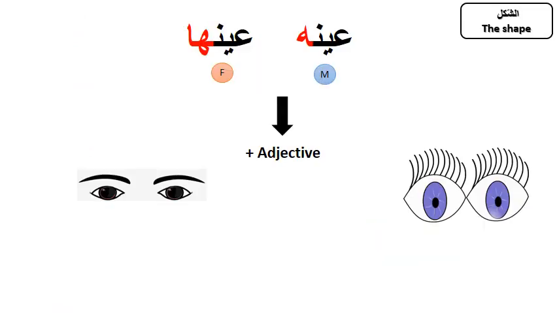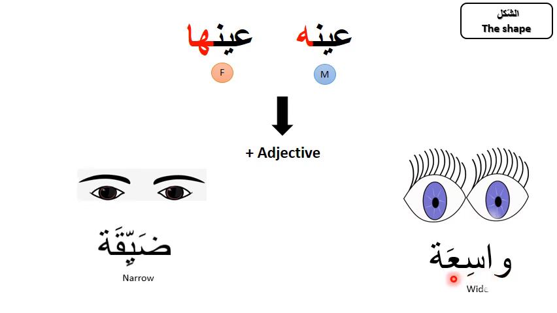We are going to start with عين, the eye, in terms of الشكل, the shape. عينه, his eye, عينها, her eye, should be followed by an adjective to describe the shape of the eye. If it's a wide eye, I would say واسعة. ما معنى واسعة؟ Wide.